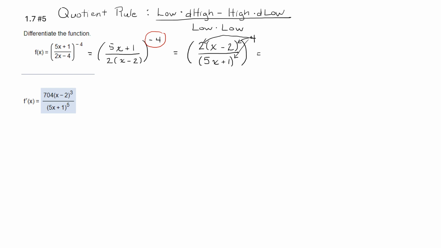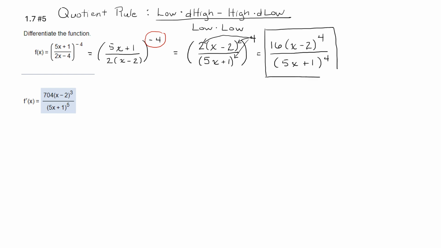So what this turns into is 2 to the 4th, which is 16, times x minus 2 to the 4th over the 5x plus 1 to the 4th. So this is now my f of x.